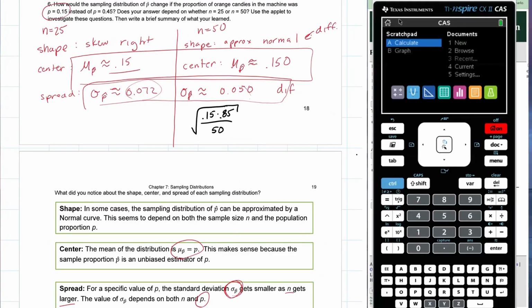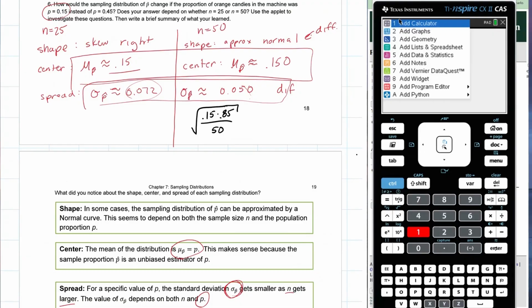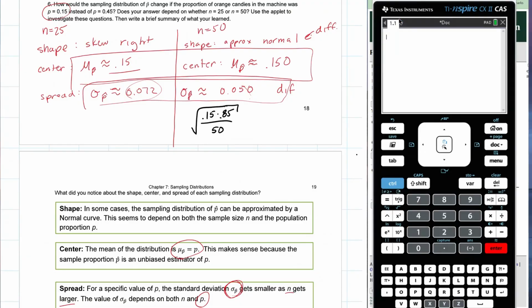And if I bring my calculator up, start a new document, here we go. I can ask, what is the square root of 0.15 times 0.85 divided by 50? 0.050. Well, is that right?